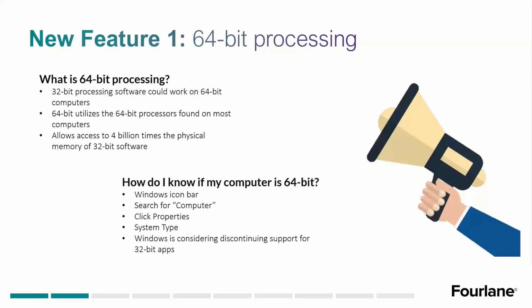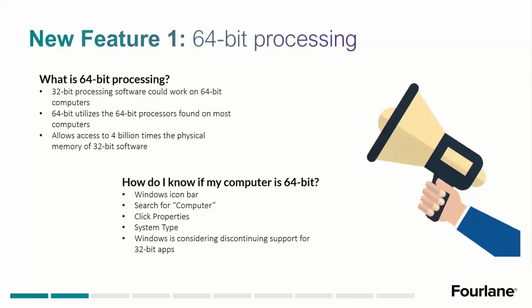So what is 64-bit processing? First of all, historically, any 32-bit processing software, which QuickBooks was prior to 2022, could work on 64-bit computers. Okay? Because when they built 64-bit computers, they made it so that everybody didn't have to move immediately.